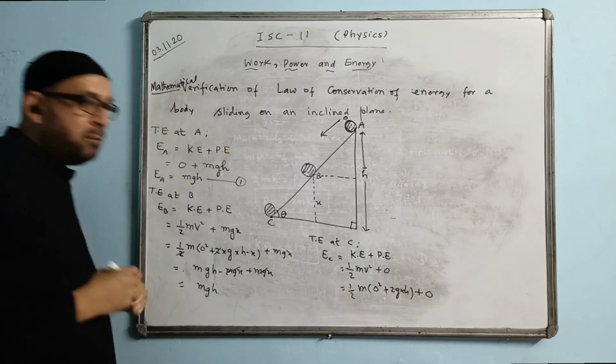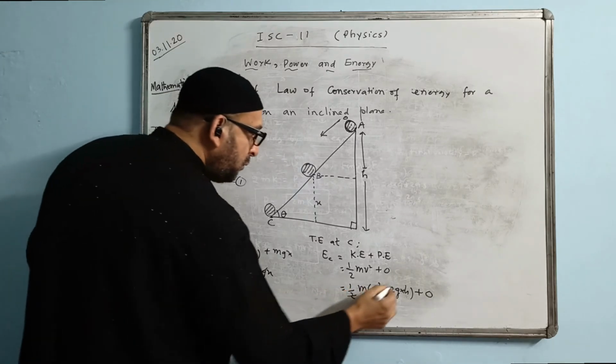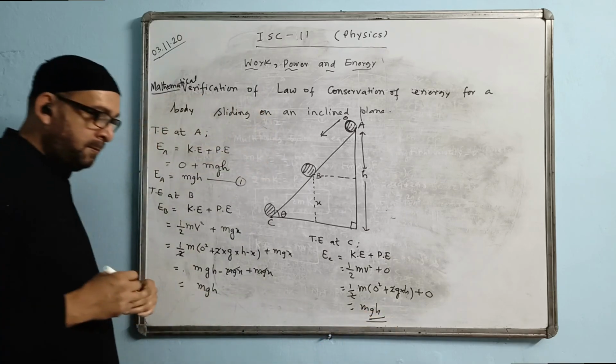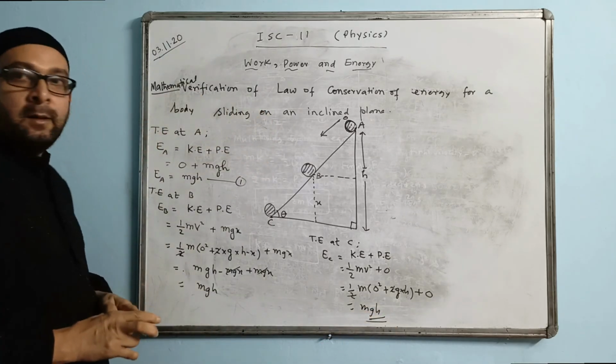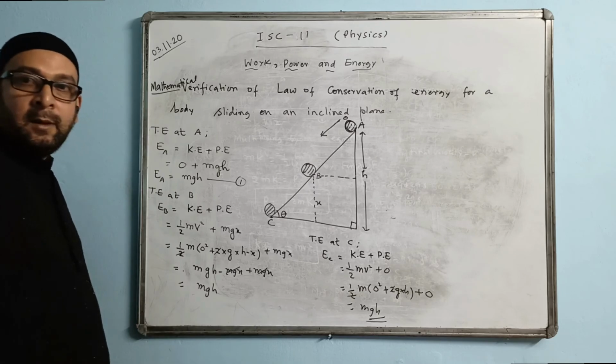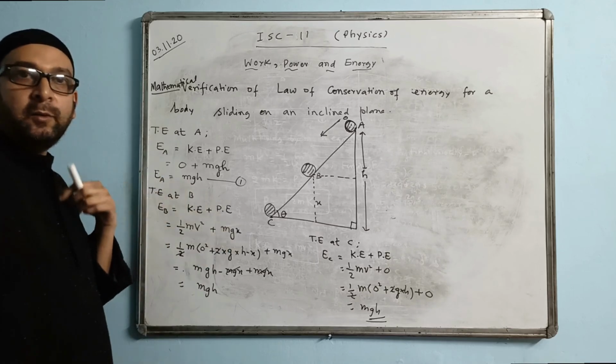Potential energy is 0 because at the point C there is no vertical height. So 2 and 2 cancel, and the answer again comes mgh. That means energy remains constant at all the points.